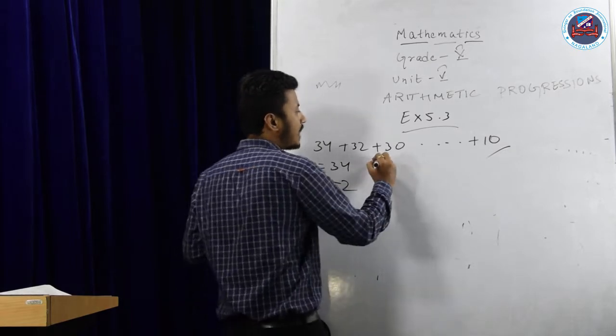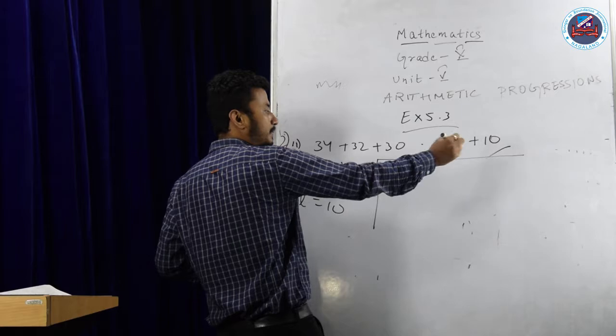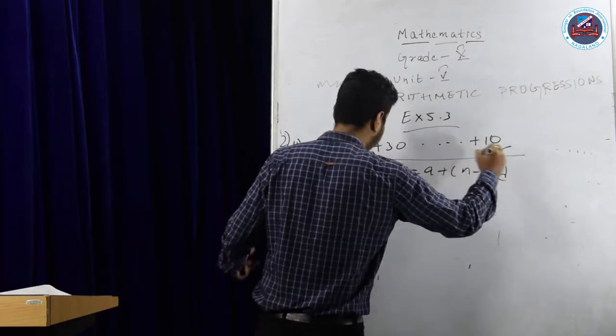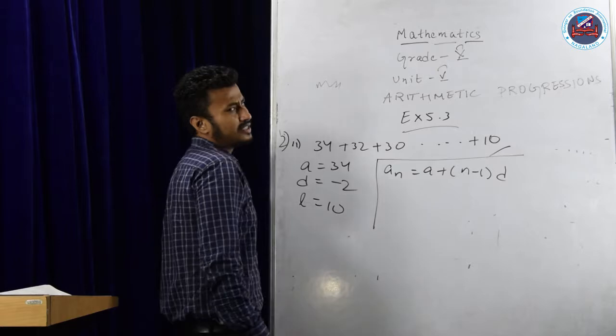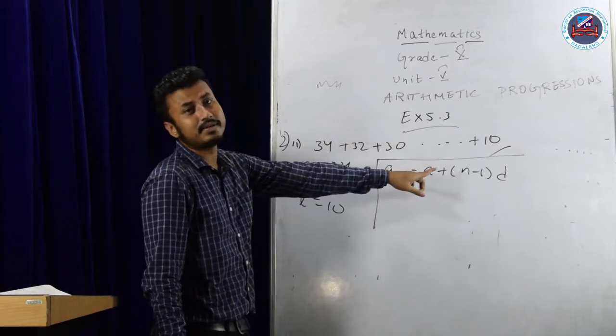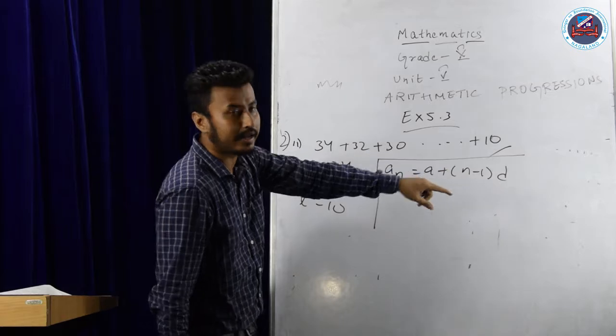Let's proceed. How will I proceed? First thing, you need the number of terms. So an equals a plus (n minus 1)d. This thing should get stuck to your head. If in the question the last term is given, first find out how many terms are there.